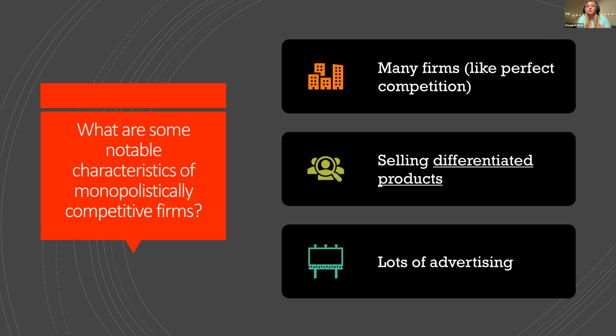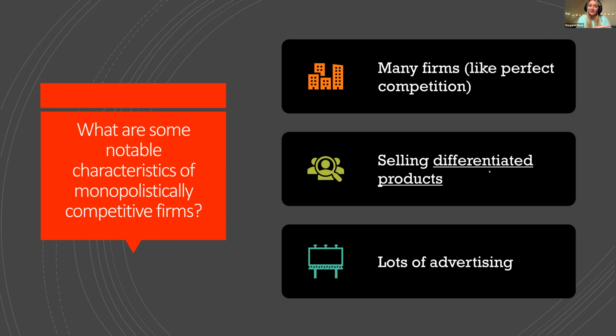That's very similar to perfect competition in a way. Remember, in perfect competition, there were also lots and lots of different businesses all selling the same product. The key difference between perfect competition and monopolistic competition is that monopolistically competitive firms are all selling differentiated products.